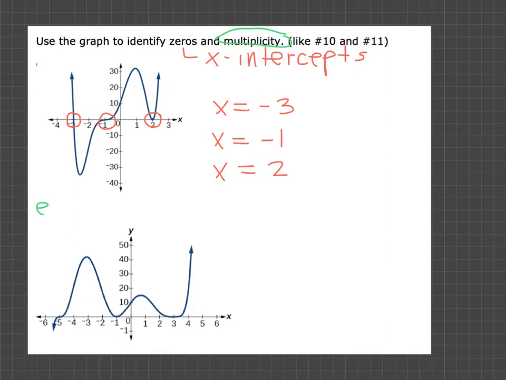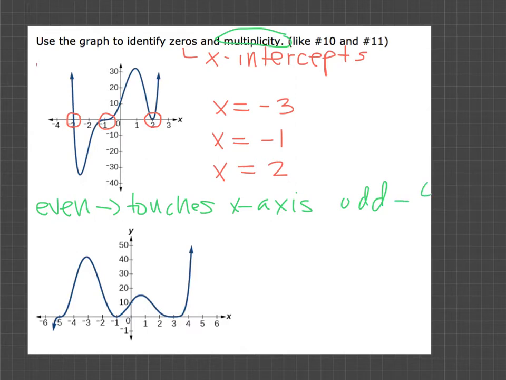If we have even multiplicity, that means the graph touches the x-axis and has a turning point. And if we've got odd multiplicity, the graph crosses the x-axis.